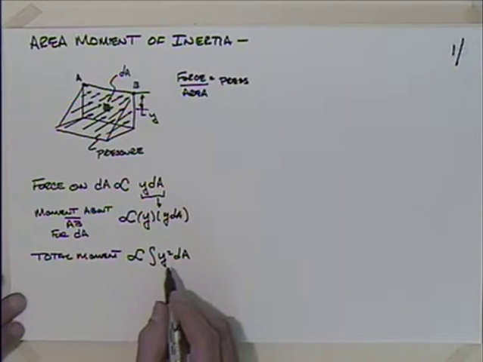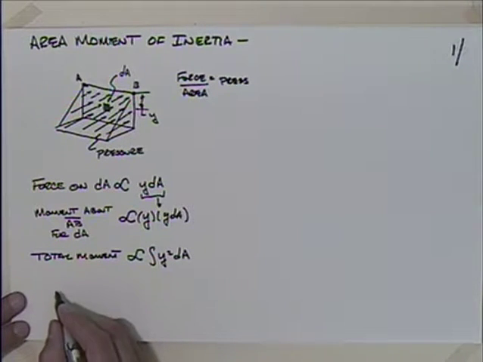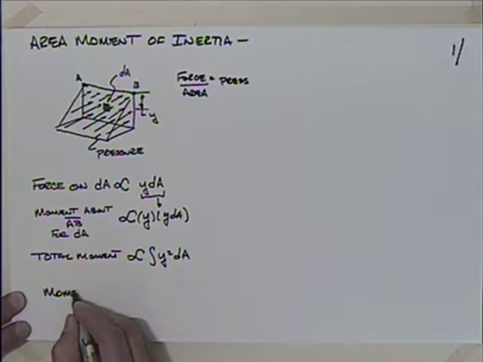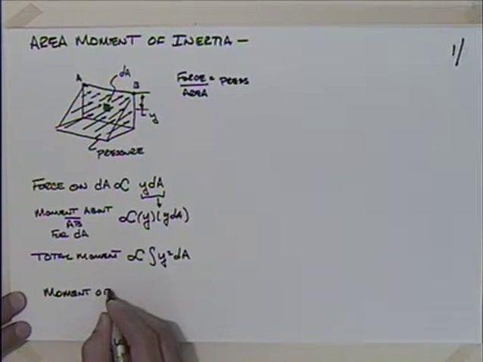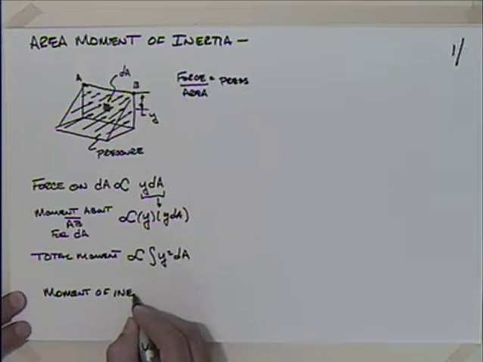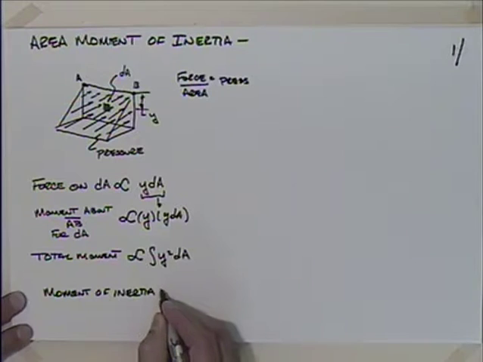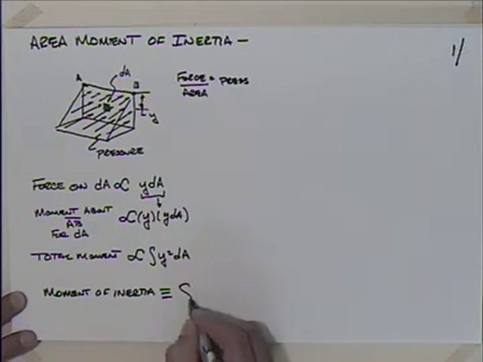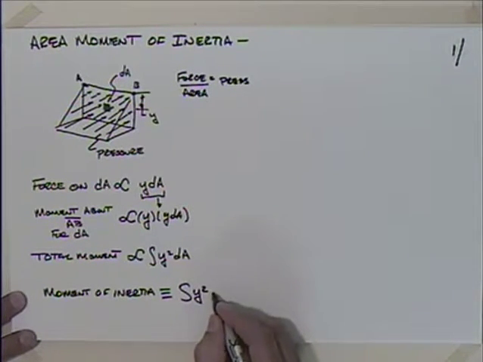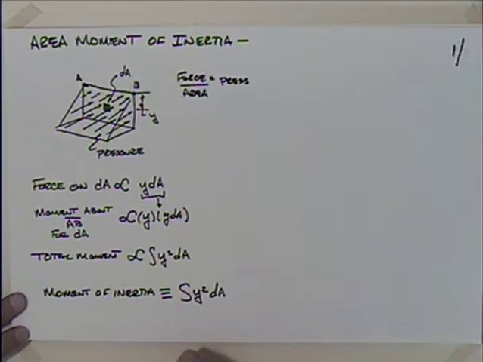And having this integral of y squared dA, that brings us to a new term. We can say that the moment of inertia is defined as the integral of y squared dA. Now, you may have seen this before in math. They may have called this the second moment of area.